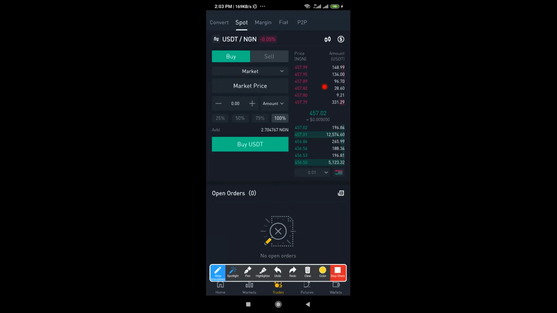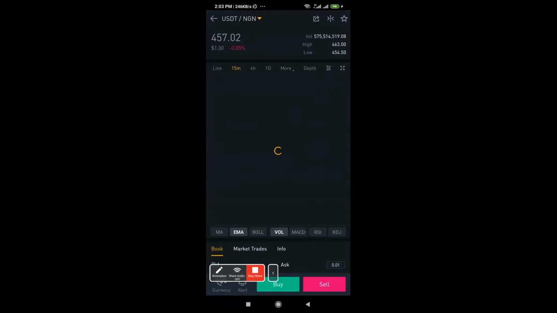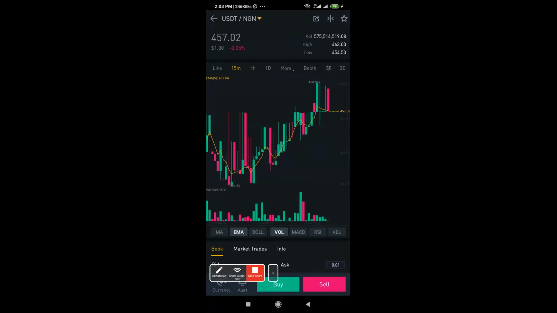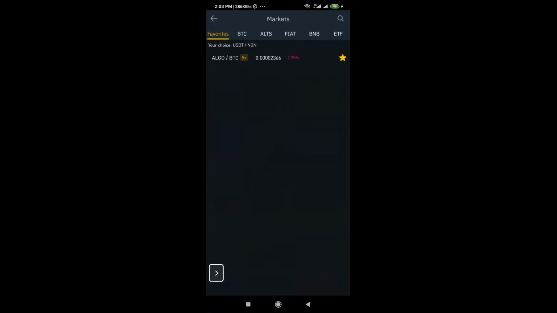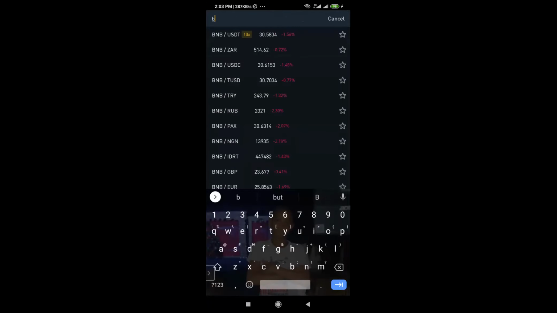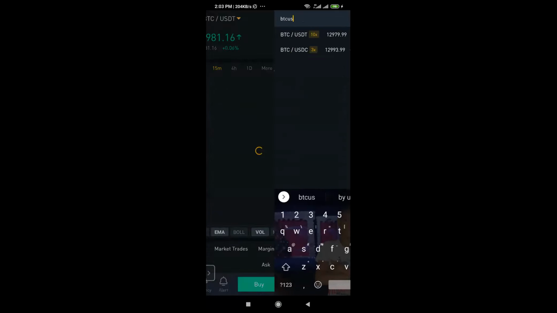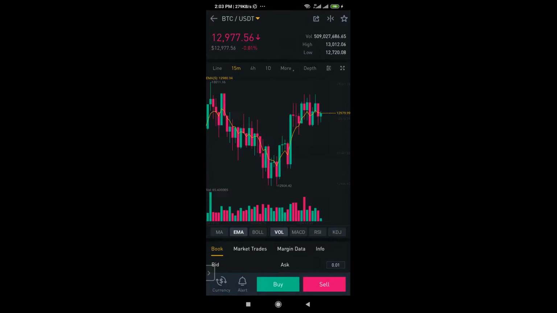Now let me show you how to get to the chart. You need to click this candle sign here. That's how you get to the chart. Now I want to change to BTC. Okay, so this is how the chart looks.